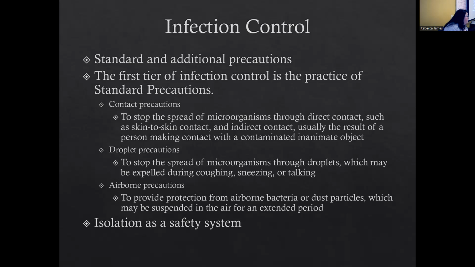So with COVID, when people had COVID, they were on droplet precautions. When people have Bordetella pertussis, what's that? Whooping cough. If people have whooping cough, they put them on droplet precautions, because when they cough, those droplets can expel and you can breathe them in.